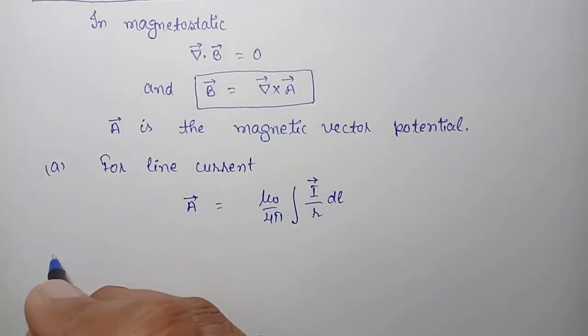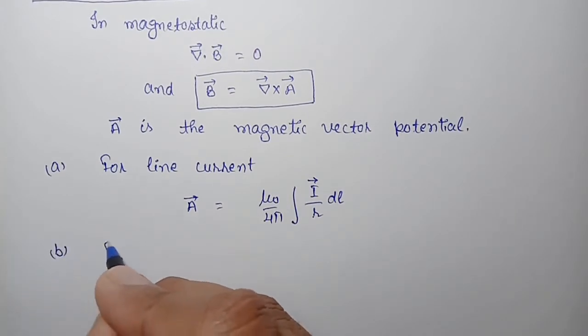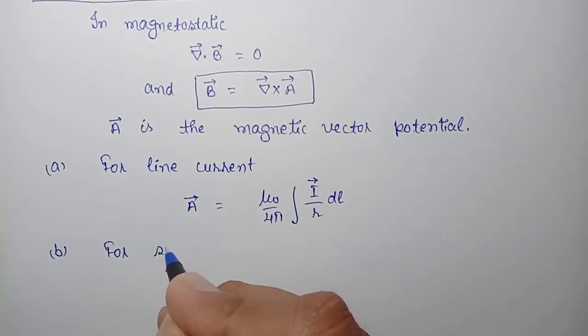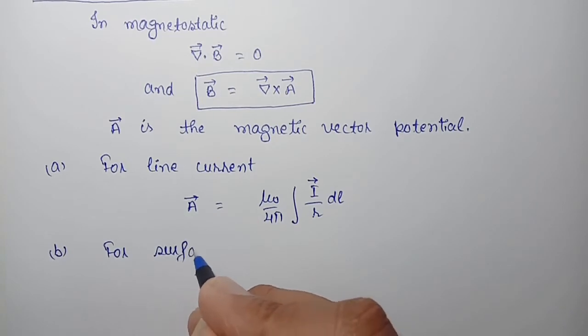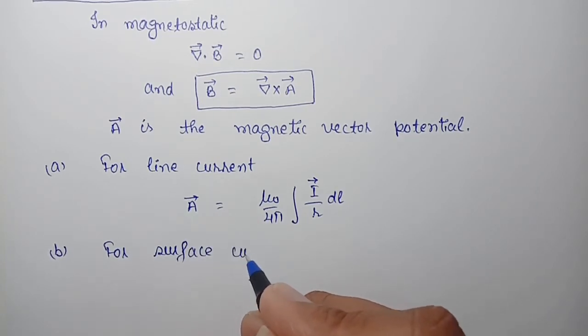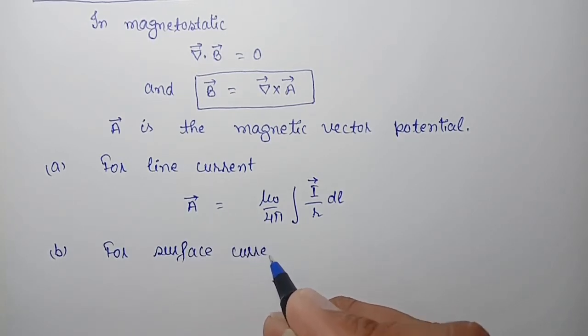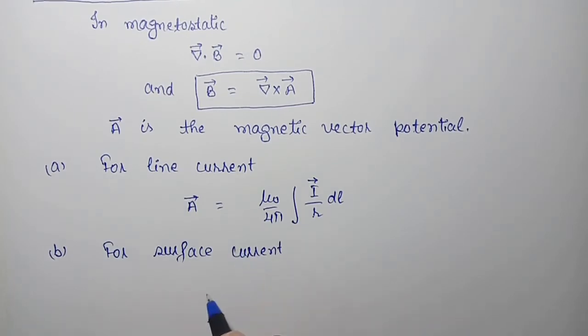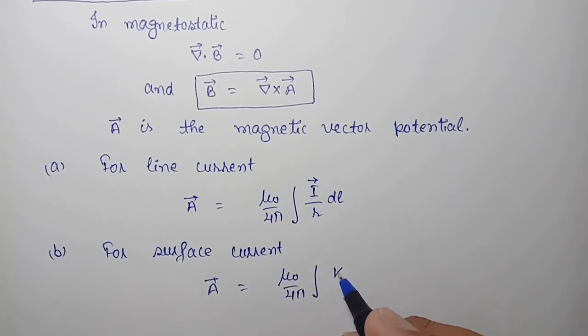Then for surface current, this A we can write is equal to mu naught over 4 pi, and here we have vector K over R dA.